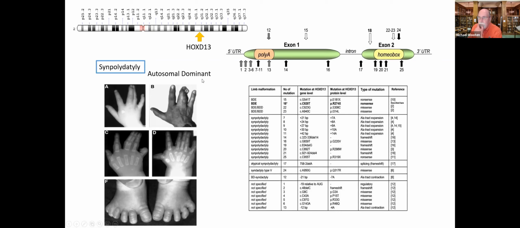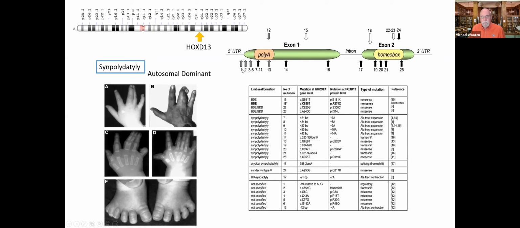Now this one is autosomal dominant, so everybody that gets one copy, even a heterozygote, expresses this double problem that we see here. So again, this is yet another Hox. It's a different Hox form than we saw in the last ones, and there are a whole bunch of problems that can arise depending on where the mutation occurs.